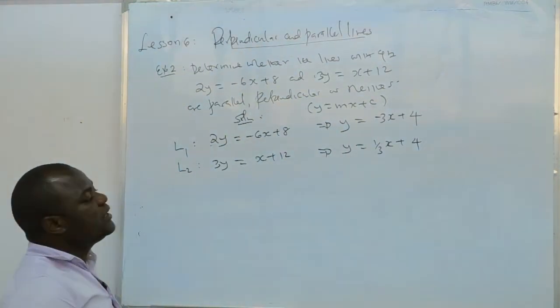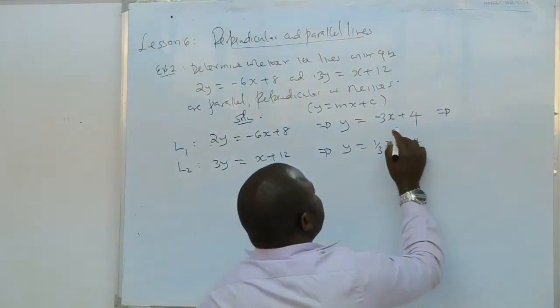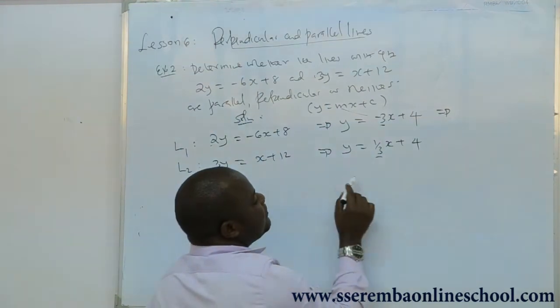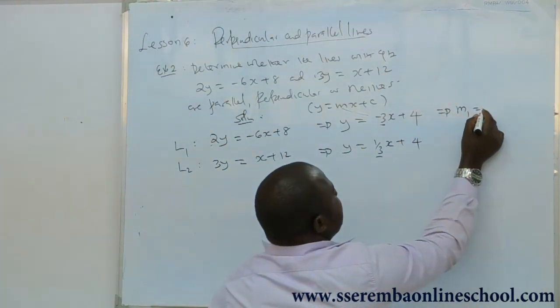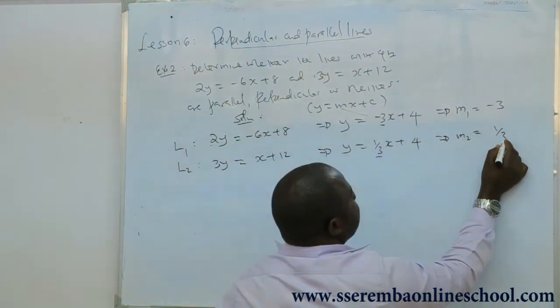Now, having got that, we have to compare with y = mx + c. So this is the gradient of the first line: m1 is -3, and m2 is a third.